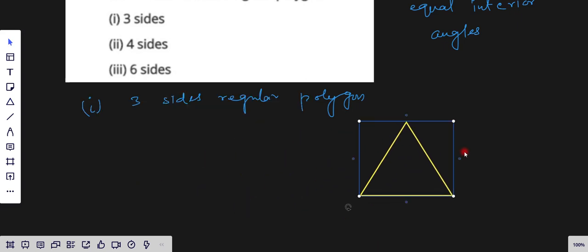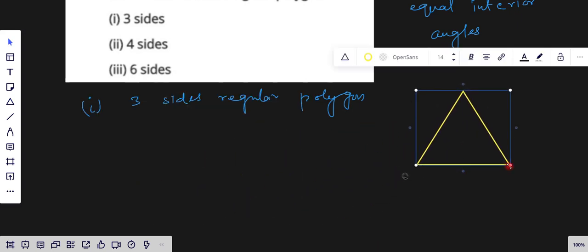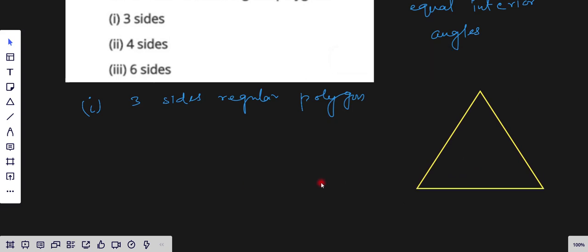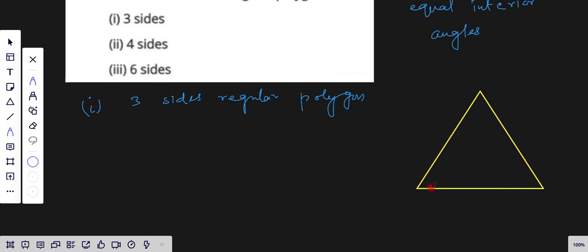This is the best example where all the sides are equal. Let's say this side is A units, this is also A, and this side is also A. So the sides are equal, and even the interior angles are equal: 60 degrees, 60 degrees, and 60 degrees.